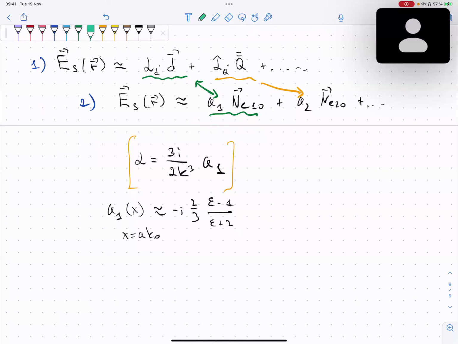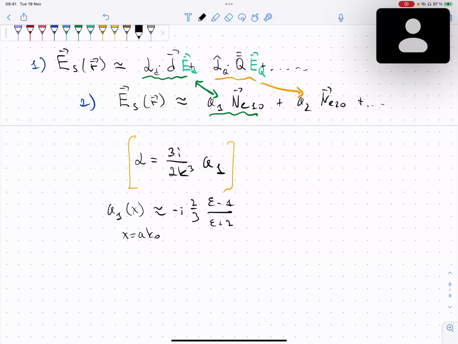So here it's also like electric field of a dipole, electric field of a quadrupole, and so on and so forth. But on the other hand, our scattered field is a series of vector spherical harmonics, and each order is proportional to some multipole. This is why we call them dipole harmonic, quadrupole harmonic, octupole harmonic, and so on and so forth.